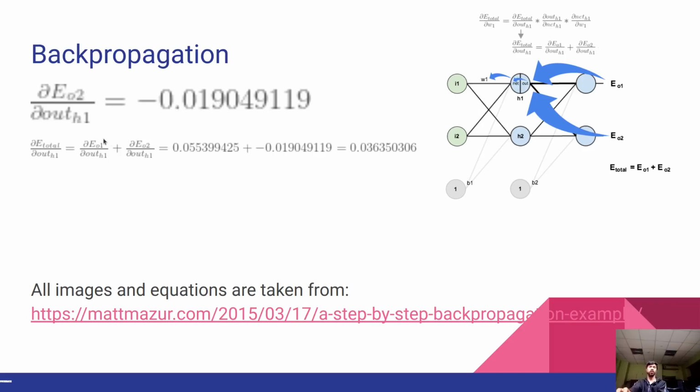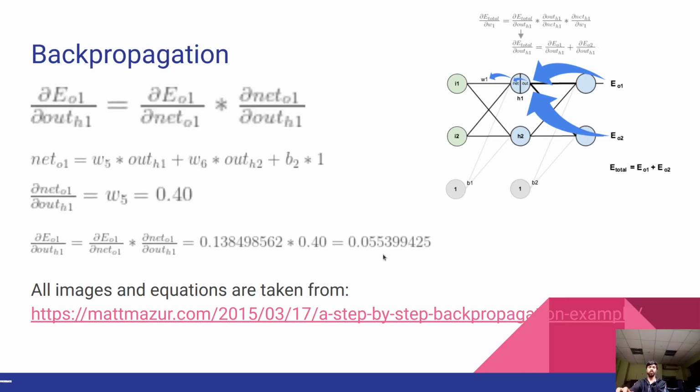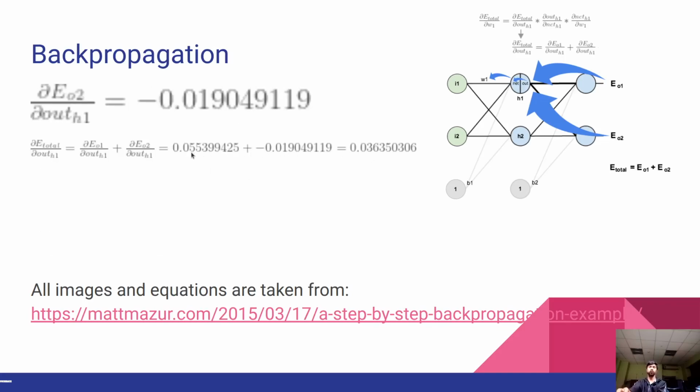So basically we need to calculate two values, this and this. So, this one we have calculated from here, and this one we have calculated from here. So, if we just add them, we will get 0.03. Okay. So, this one is the final derivative. So, E total with respect to out H1.